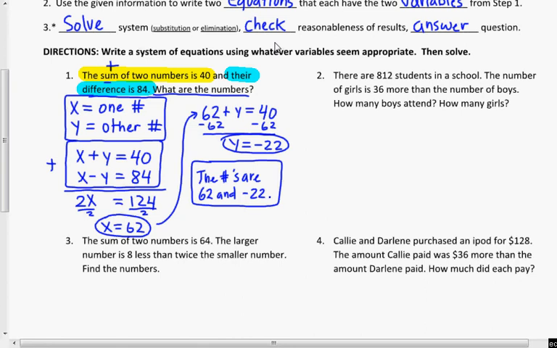Okay, the second question on the worksheet says there are 812 students in a school. The number of girls is 36 more than the number of boys. How many boys attend? How many girls attend? So the unknowns are how many boys, how many girls. We could use X and Y, but I think B and G make more sense.